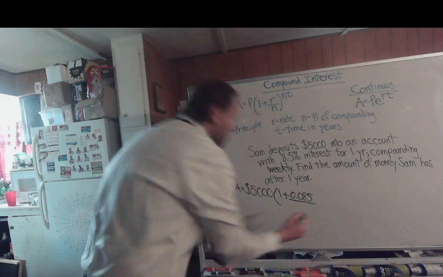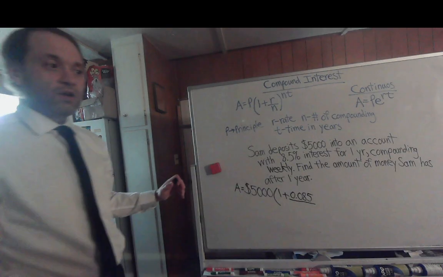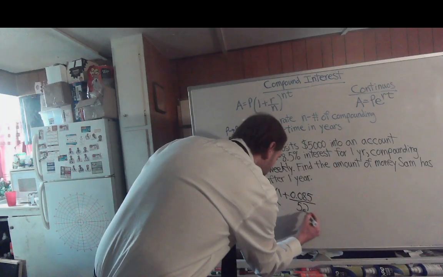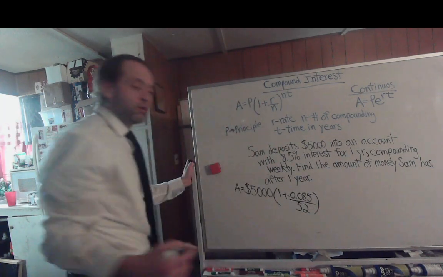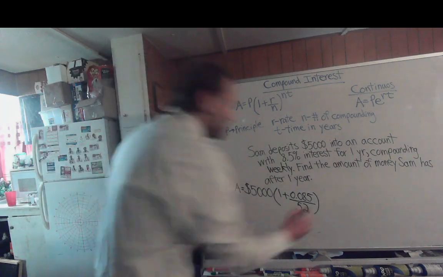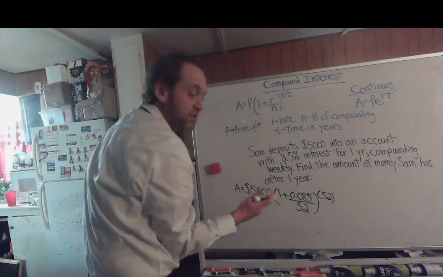Divided by your number of compoundings. If it compounds weekly, how much is that in a year? That'd be 52 roughly. We'd say 52 compoundings because that's about how many weeks are in a year. To the nt, well, again, 52 compoundings in a year, if it's weekly, times 1 year.